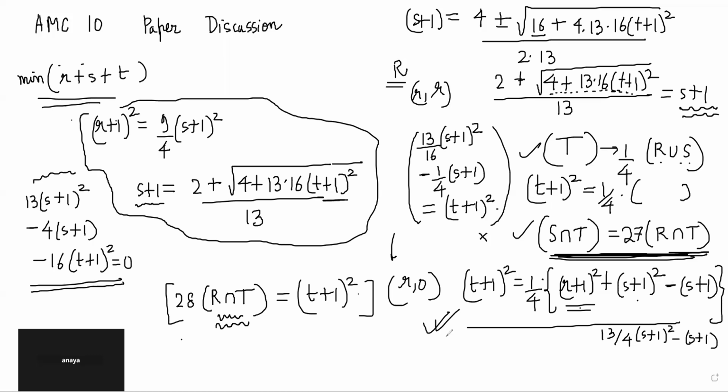The minimum value of it. I still have to use somehow the fact that these are integers. I've not yet done anything about that, so that also we have to think of.